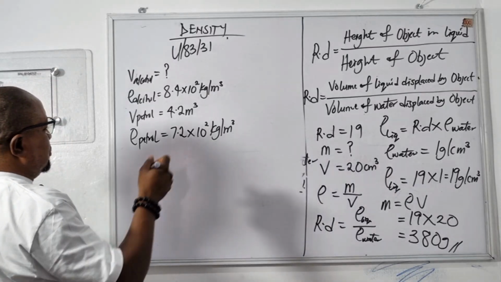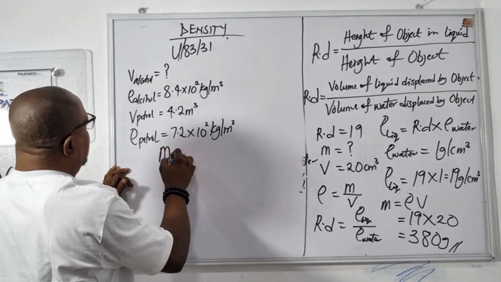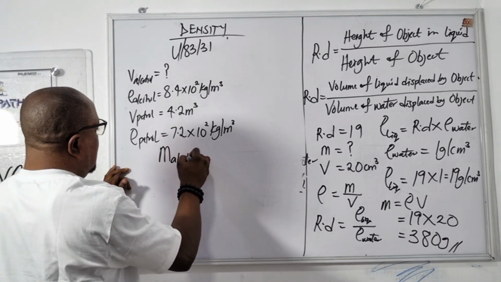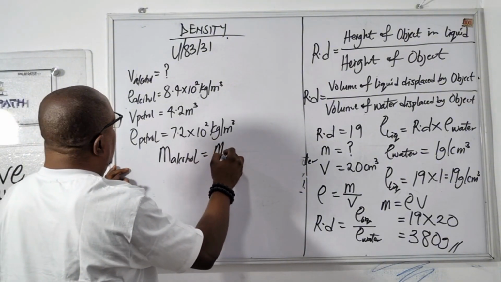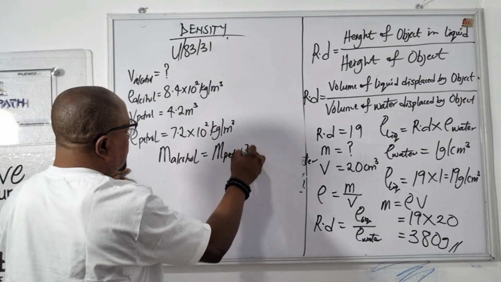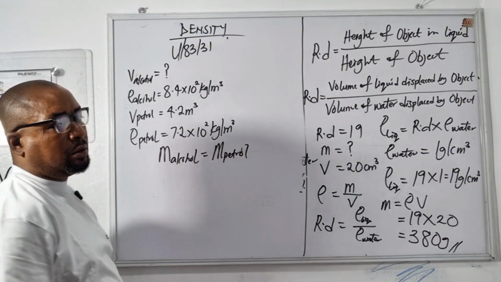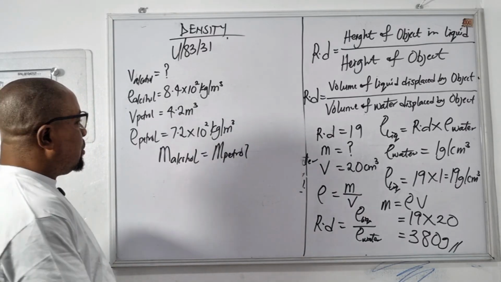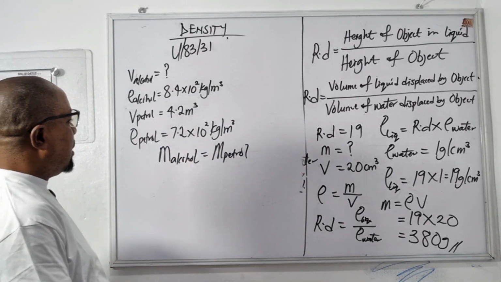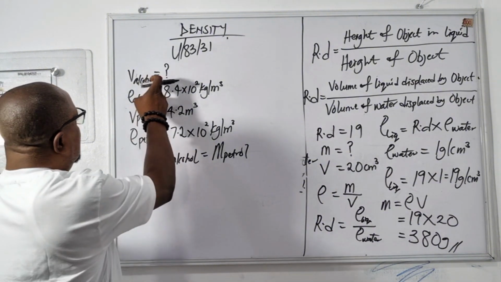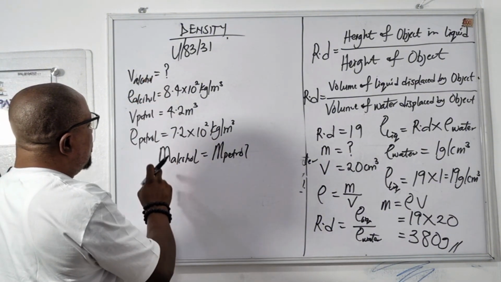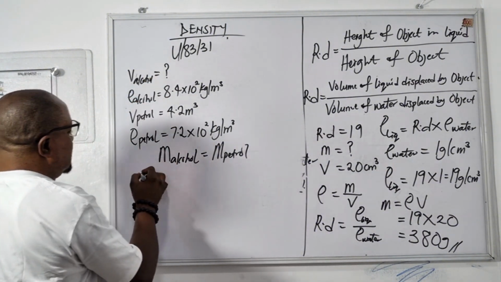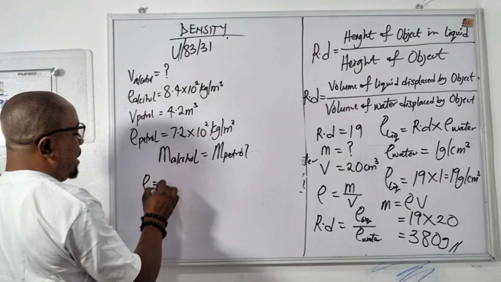So what we're looking at is the mass of alcohol to be equal to the mass of petrol. Are we together? From this question, we want to know the volume. Let's look at how we can manipulate.